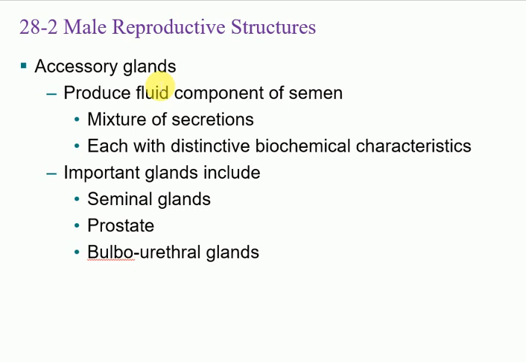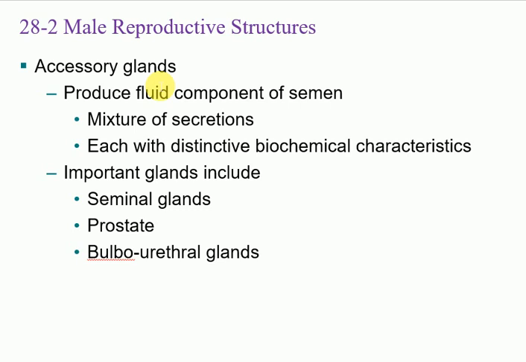The seminal vesicle and prostate are the big ones. Most of the fluid comes from these. The bulbourethral gland, just a little bit, and it's more for lubrication. Is the bulbourethral gland part of the semen? A very tiny portion, but it works in the beginning, during sexual stimulation. Some fluids go to the glans penis for lubrication, making sexual intercourse easier.